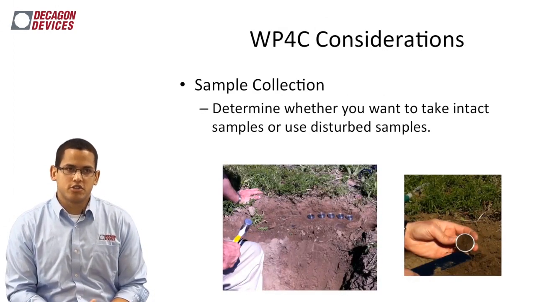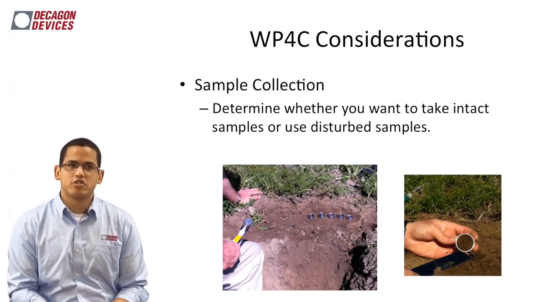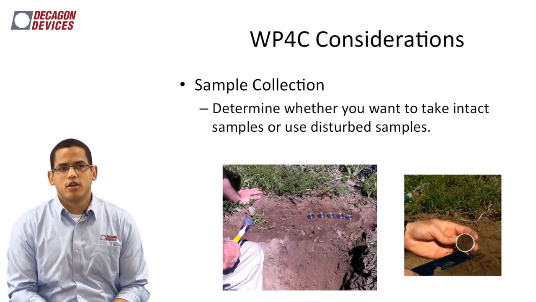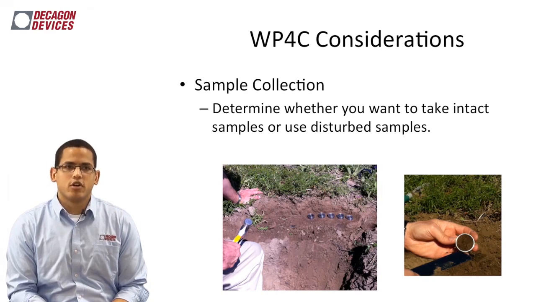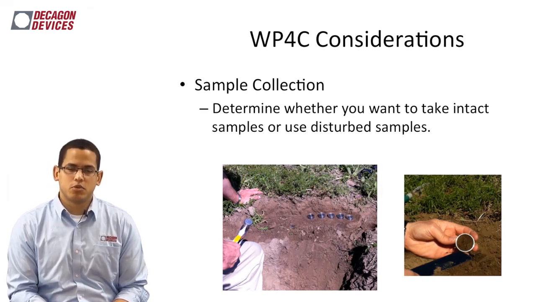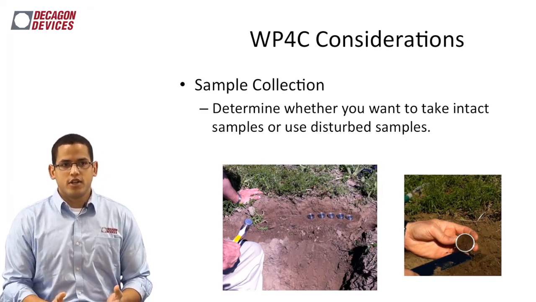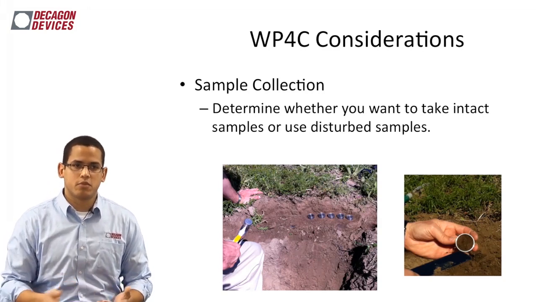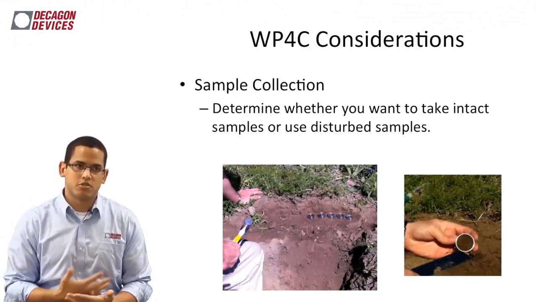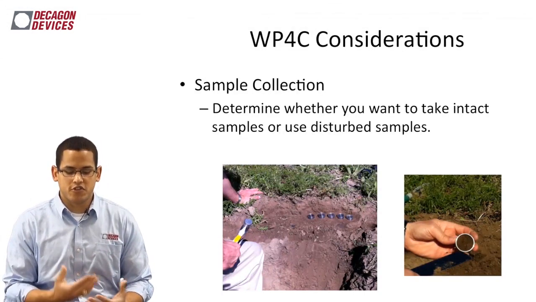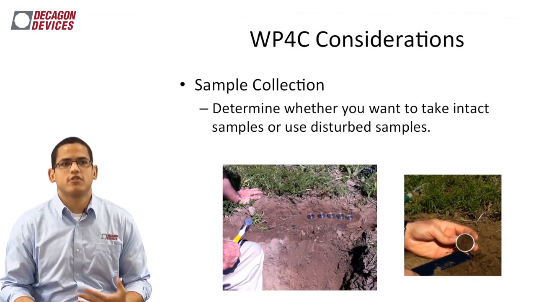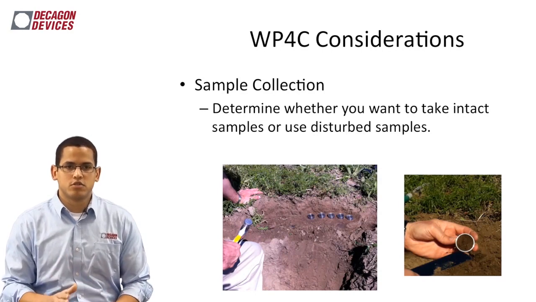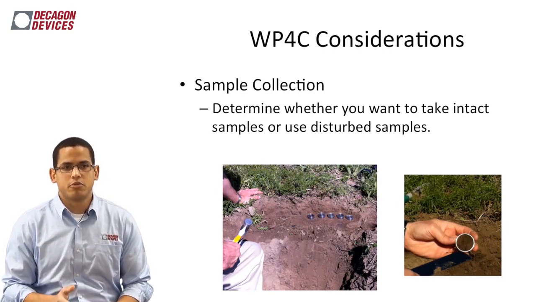So, some considerations with the WP4C. First thing you want to think about, of course, is your sample collection. You need to determine whether you want to take an intact sample or use a disturbed sample. If you're not really concerned with pushing into the wet range, or if you're using a disturbed sample throughout for generating your entire moisture characteristic curve, then it's okay to use disturbed samples.